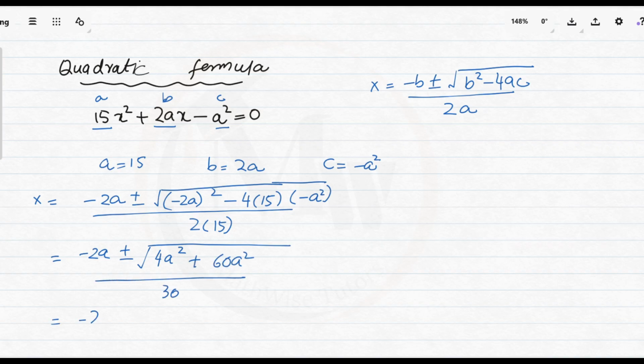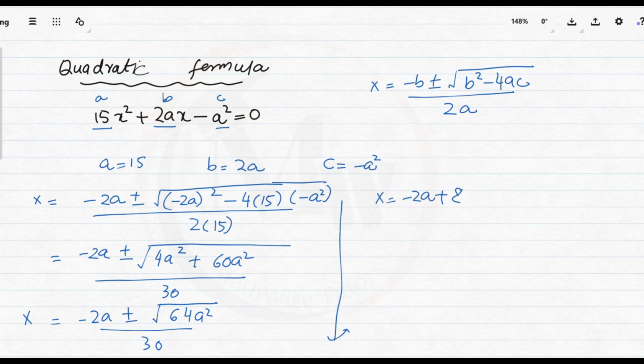Now after simplifying, it becomes minus 2a plus or minus the square root of 64a squared, divided by 30. And you know that the square root of 64 is 8. So it becomes minus 2a plus or minus 8a divided by 30, which we will separate into plus and minus terms.